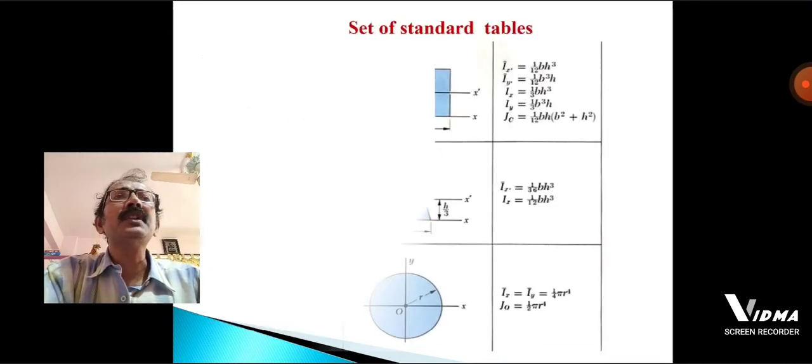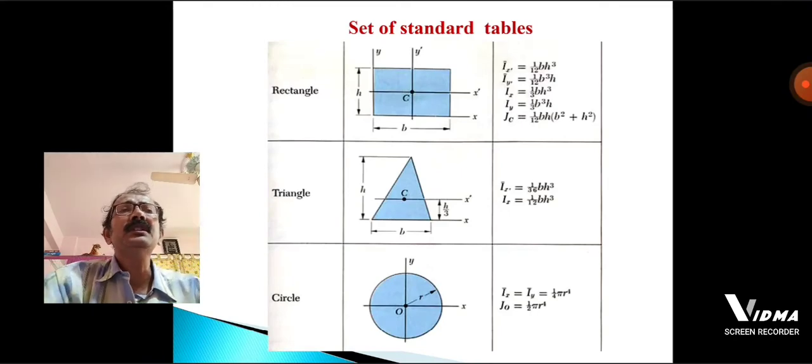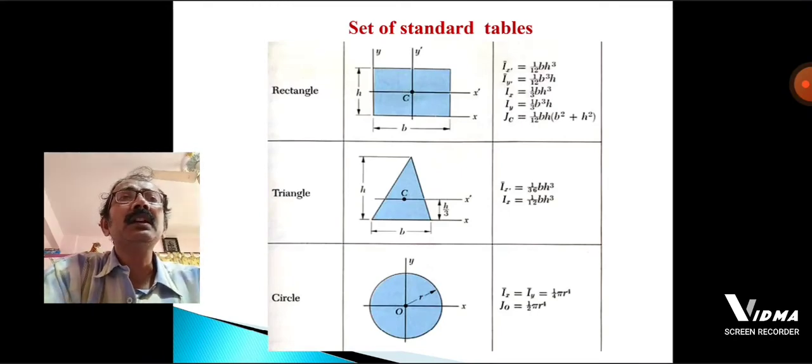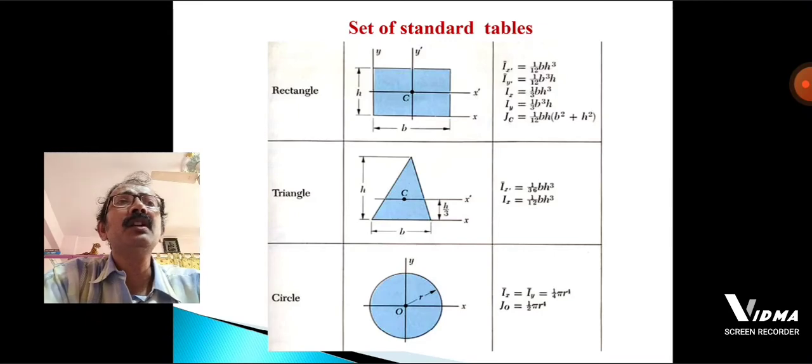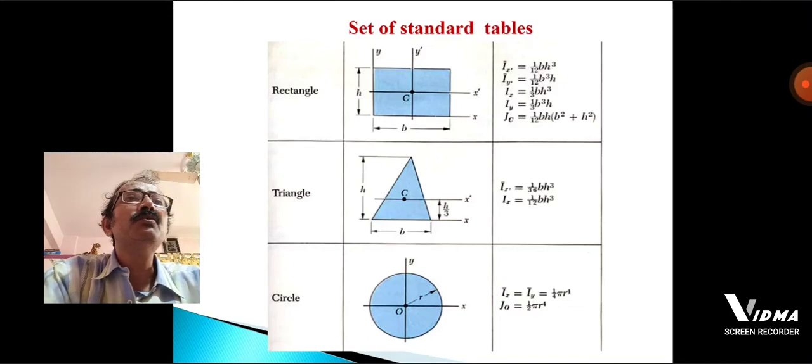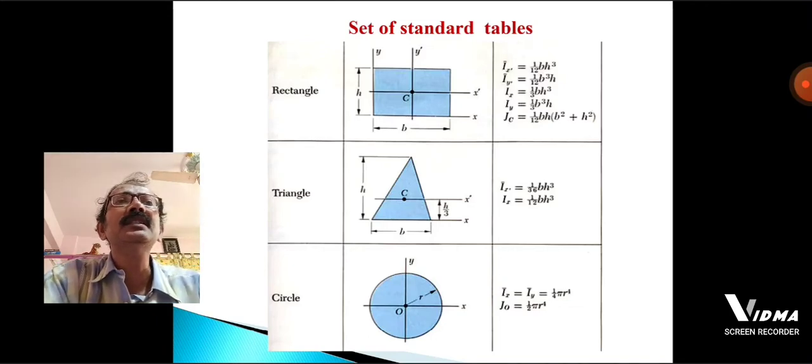Now a set of standard tables. If you see this table, there is a rectangle, triangle and circle. In the case of rectangular area, if we consider the centroidal axes x dash and y dash, then I x dash, the moment of inertia about the x dash axis, is bh cube by 12, where h is the height and b is the width.